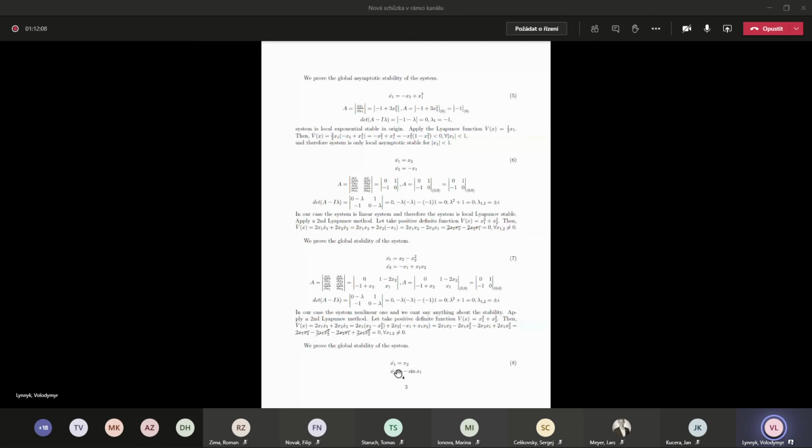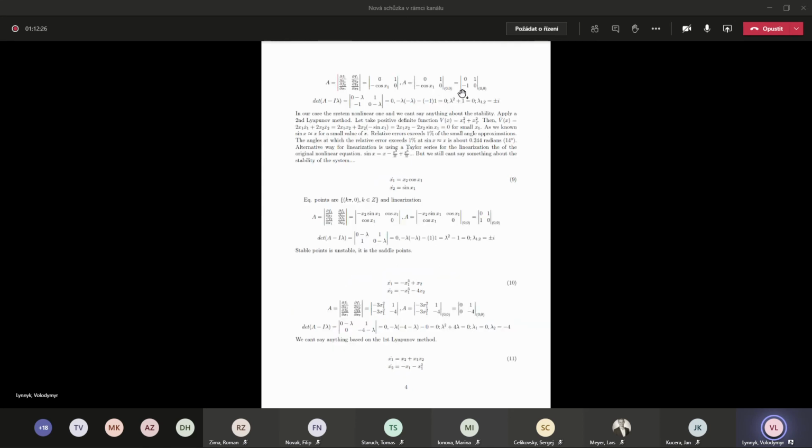Okay, and the next example is a pendulum: x1 dot equal to x2, x2 dot equal to minus sine x1, without friction. And here you asked me about this linearization, and I think the angle x1 is about 14 degrees.